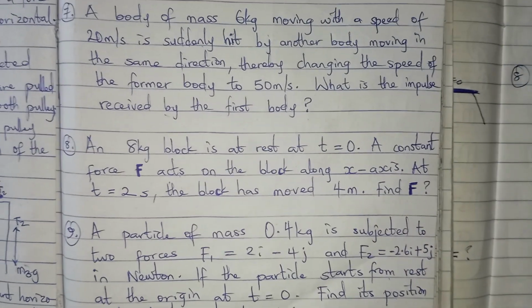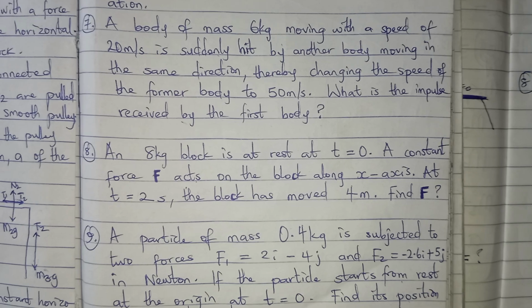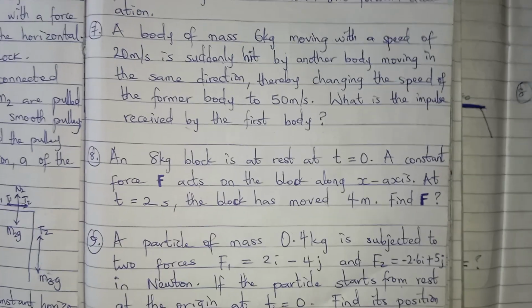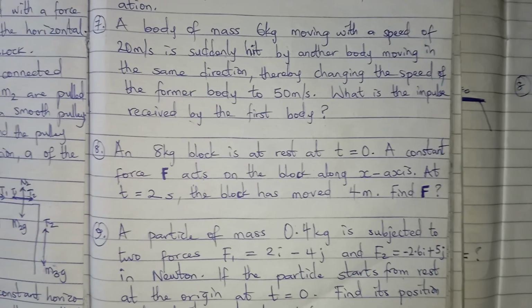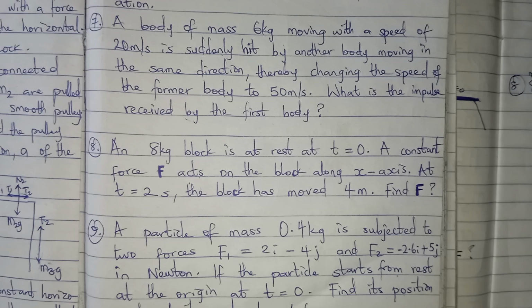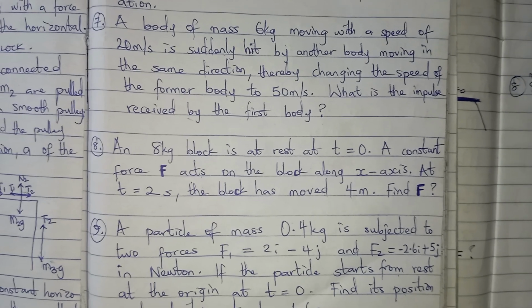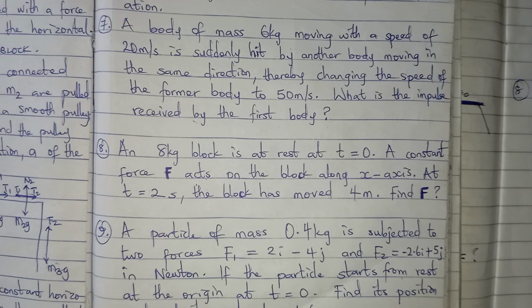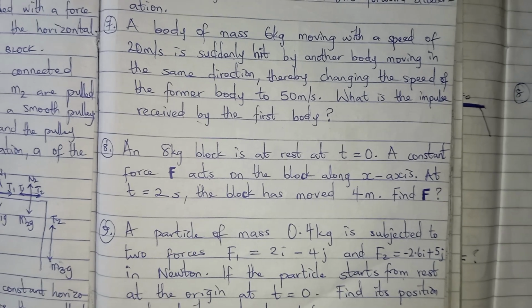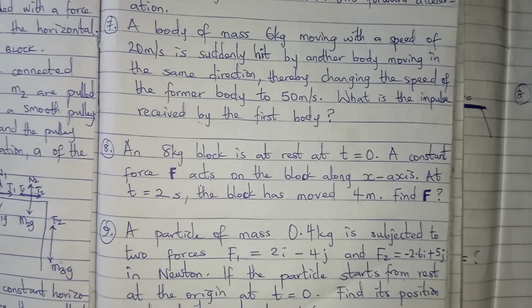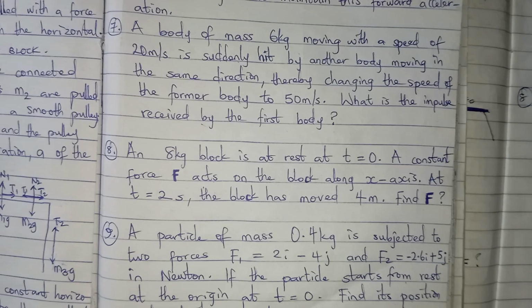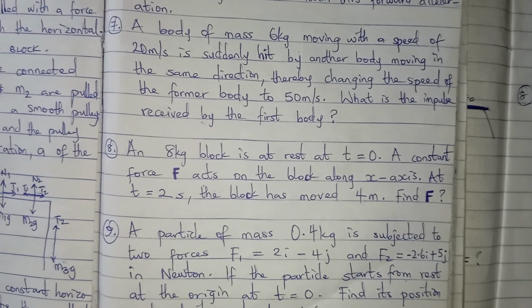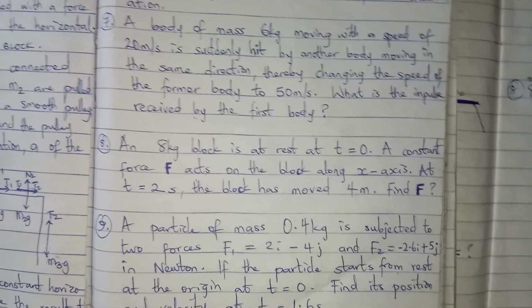Anytime you are doing something from the beginning, time is always 0. So a constant force F acts on the block along the x-axis, no problem. Constant force, okay. At t equals 2 seconds, I don't know the force. The block has moved 4 meters.